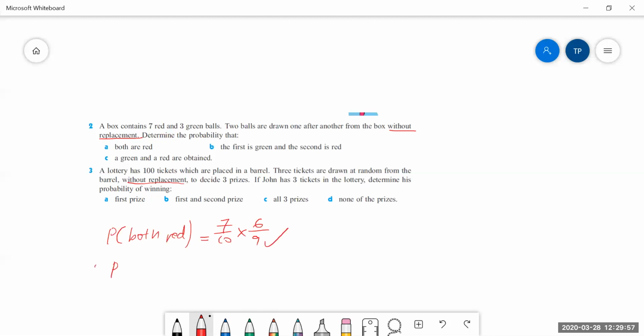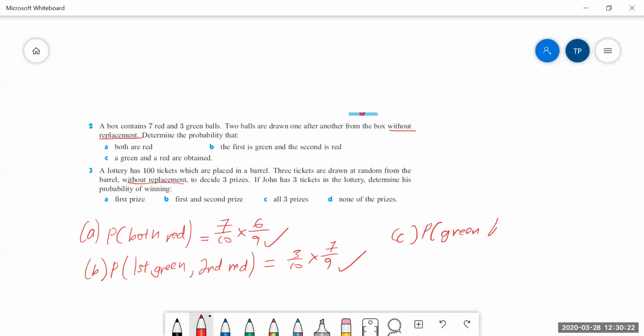So next, for part B, probability that first is green, second is red. So it's 3/10 times 7/9. Probability that green and red are obtained.